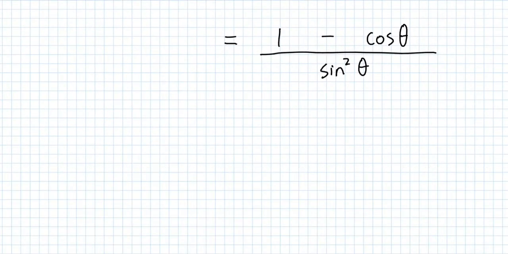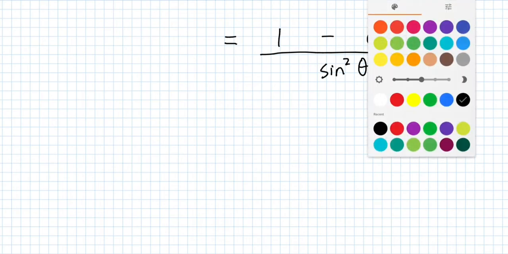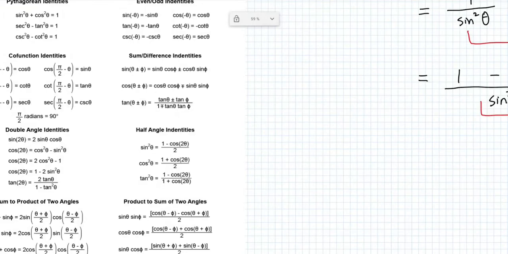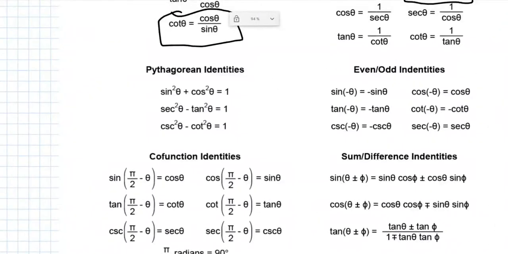Okay, what's our next step? Well, we have sine on the bottom, cosine on the top. Great if we could somehow get it into all cosine or all sine so we can cross things out and simplify. I'd like to draw your attention to the denominator. The denominator is sine squared theta. Let's look at our identity sheet and see if that pops up anywhere.